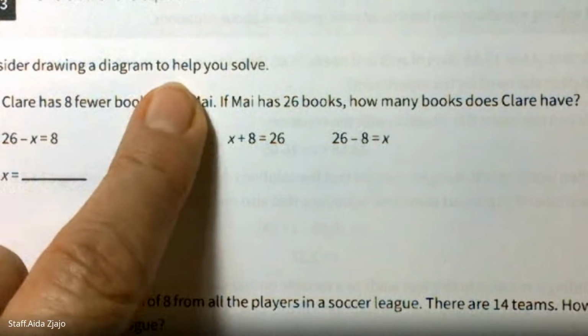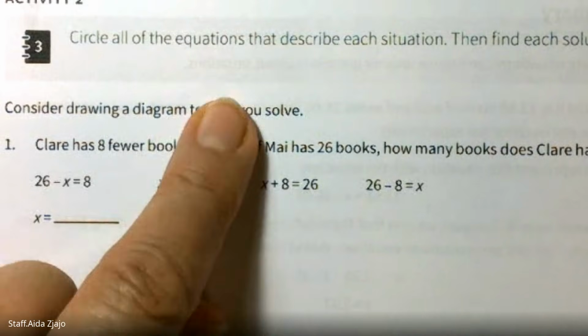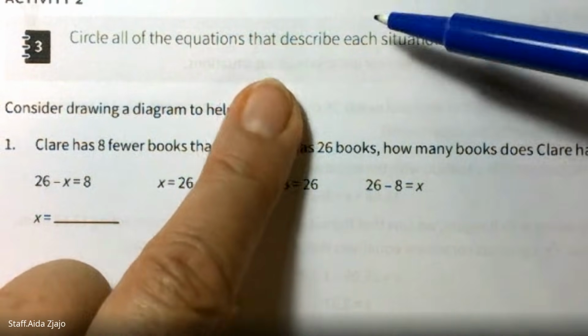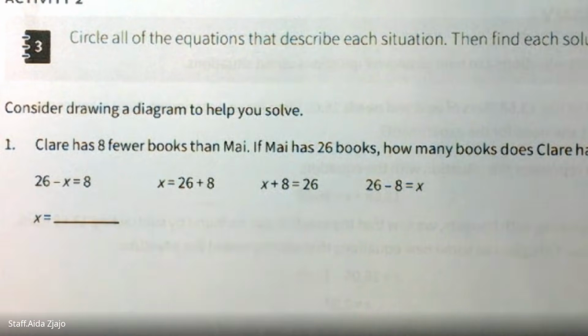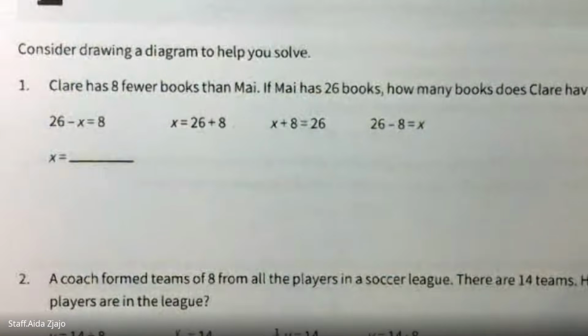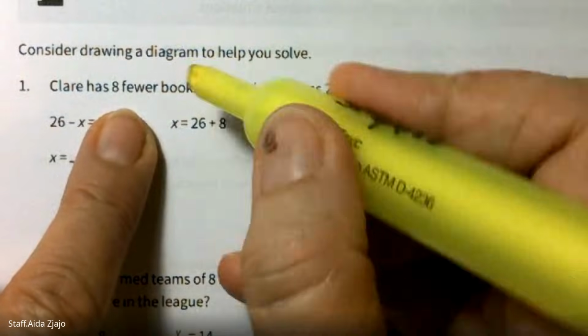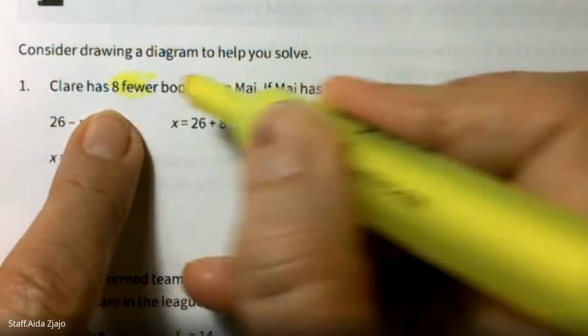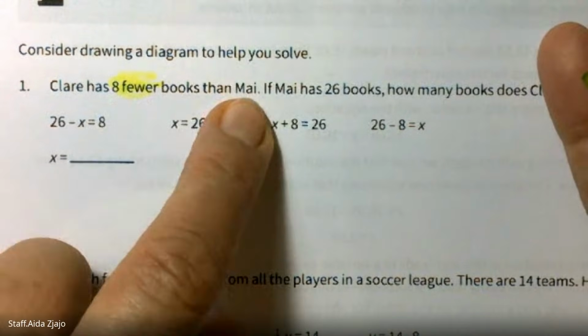Consider drawing a diagram to help you solve. Circle all questions that describe each situation, then find each solution. So let's see. I'm going to make a little bit so I have enough room. Claire has 8 fewer books than Maya.